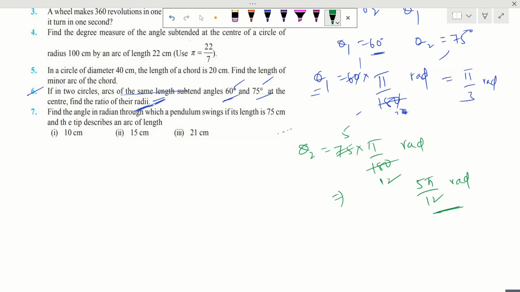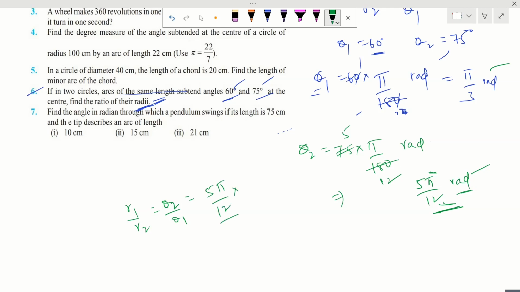Okay, when it is in radians, we need not put the value of pi. Now r1 by r2 is theta 2 divided by theta 1. So theta 2 is 5 pi by 12, and theta 1 is pi by 3.